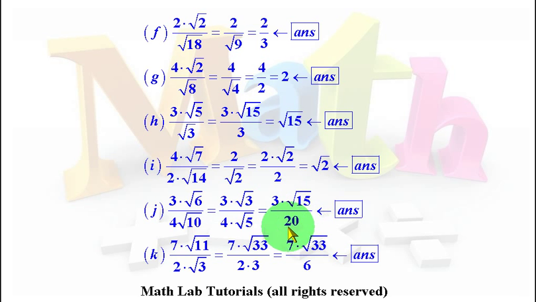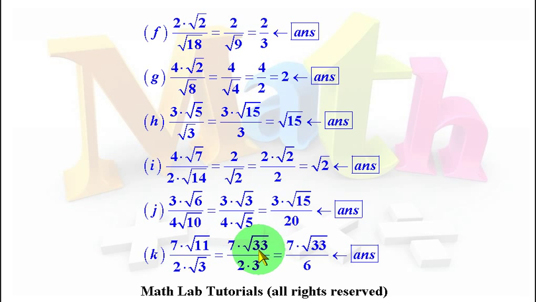And then K over here we have 7 root 11 over 2 root 3. 11 over 3 won't reduce, so you can't do anything there. 7 over 2 won't reduce, so you can't do anything there. So if we multiply top and bottom by the square root of 3, on the top we get 7 root 33, because 11 times 3 is 33.